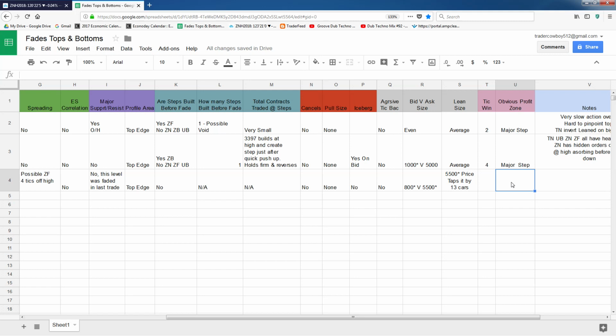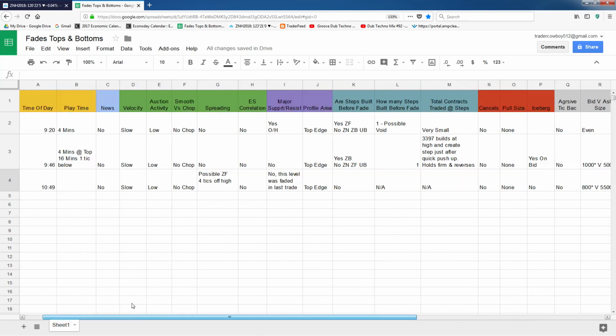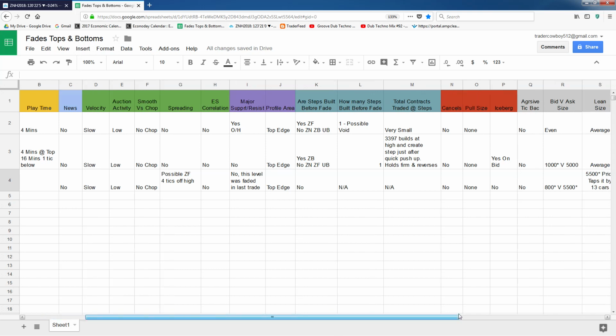There is a major step for profit. There is something I need to edit, though. Yeah, this level was faded last time. Okay, that's good.